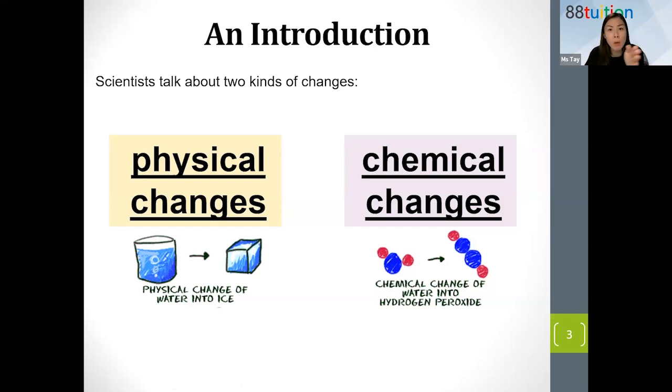Is that clear? Water is being decomposed into hydrogen and oxygen in electrolysis. That is called a chemical change. So physical changes just have to do with the appearance, basically. When it involves chemical change, new substances are formed.